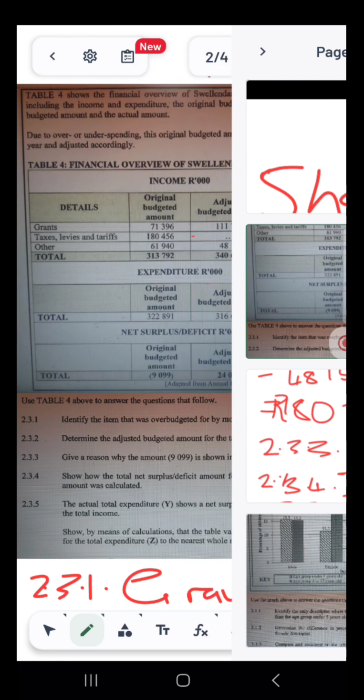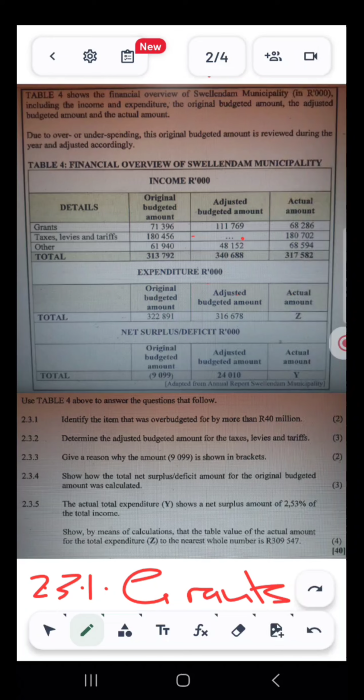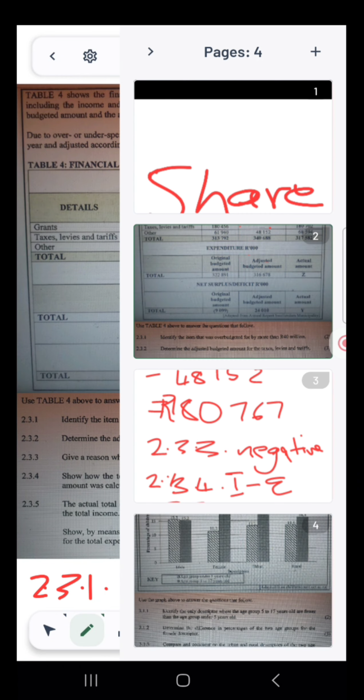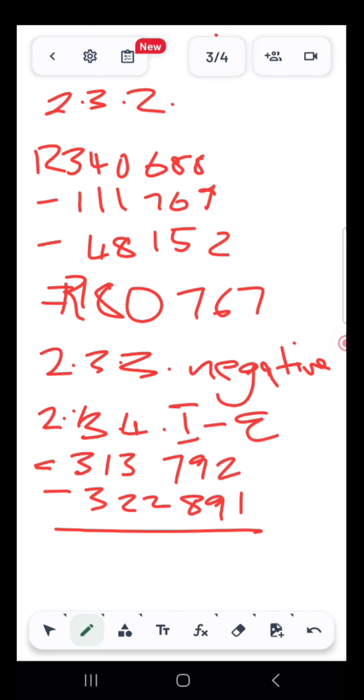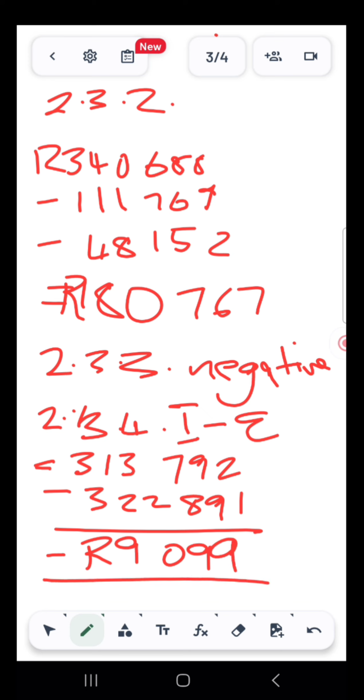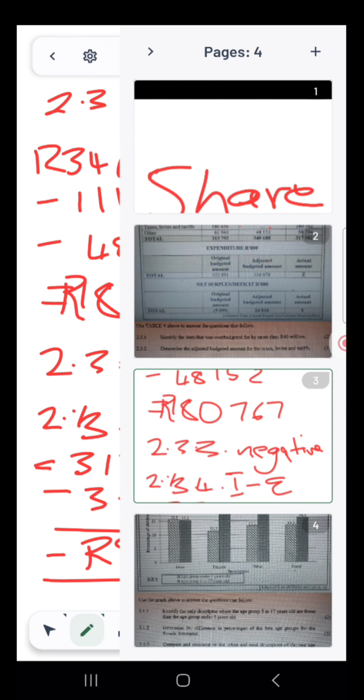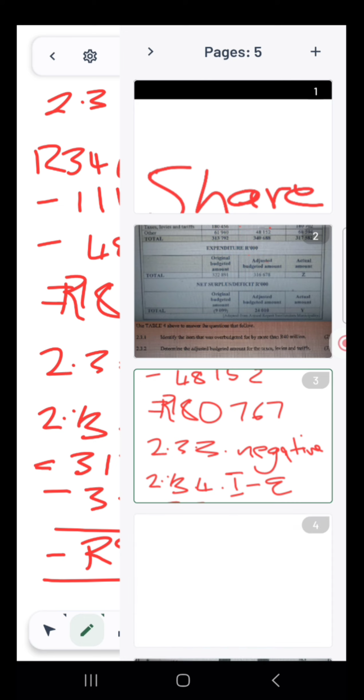So you say income minus expenditure, then it will give you a surplus or a deficit, right? Did you go over budget or are you under budget? And then your final answer will be negative 9,099. And we did say these brackets represent that our answer is negative, right? For a financial document, when you see brackets, you should know it means there's a negative.